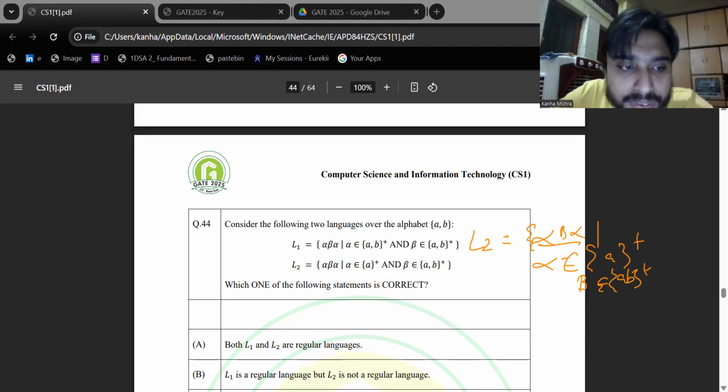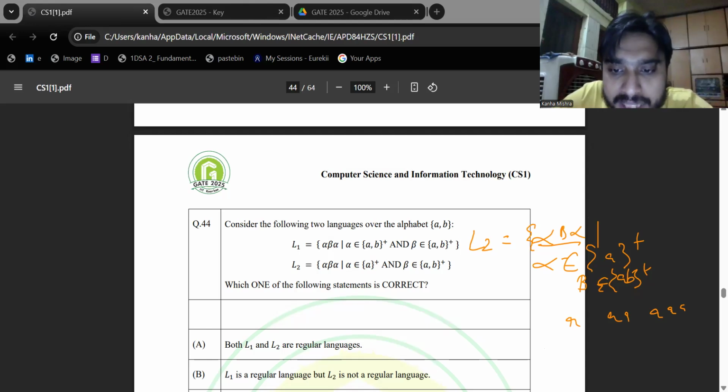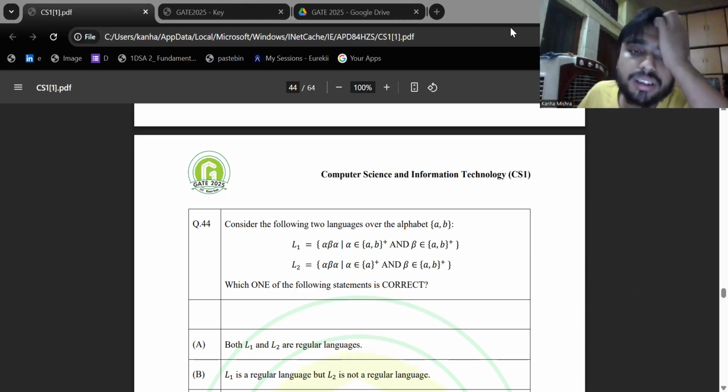Now, alpha is only made of a's, like multiple a's can be there, but still the structure is some a's and then b and then some a's. So these kinds of structures can be there. This is aa and then b and then aa, like this.